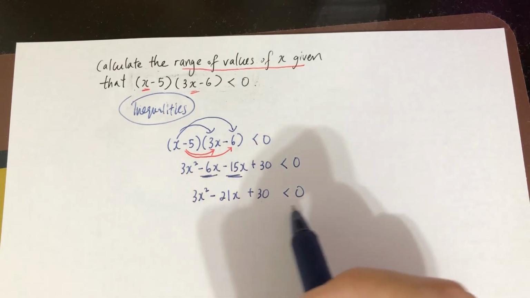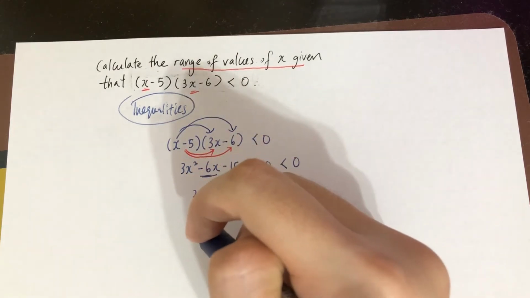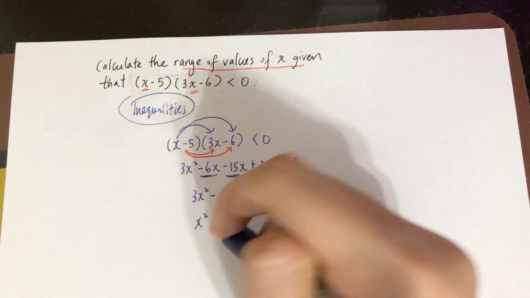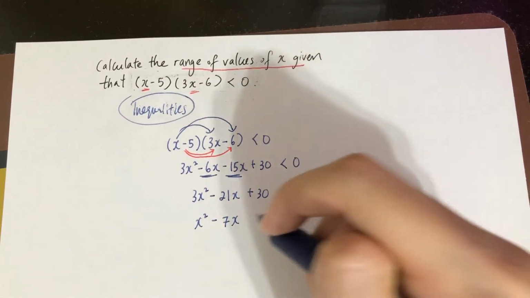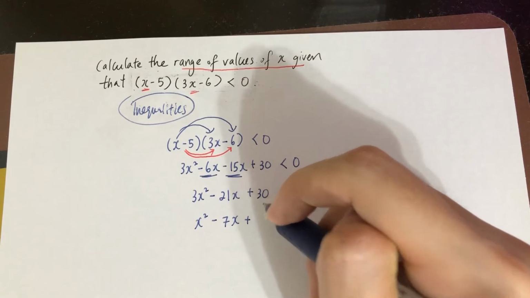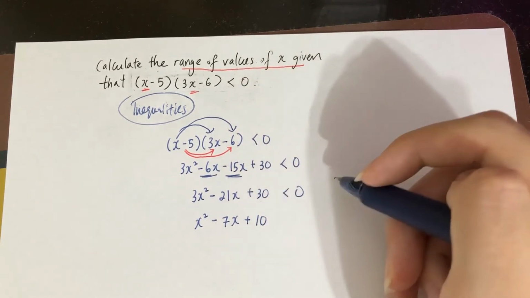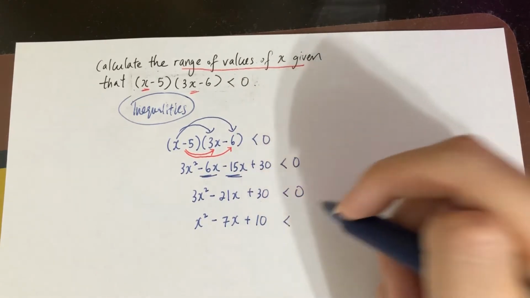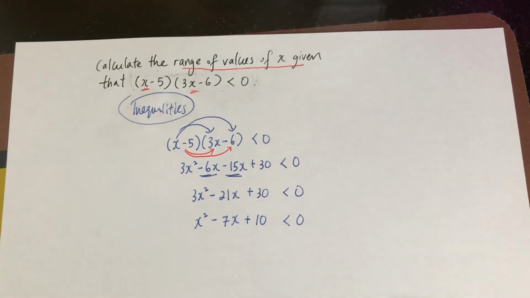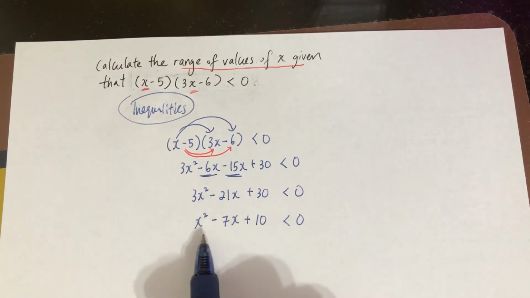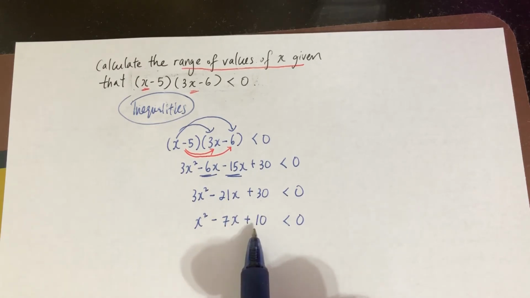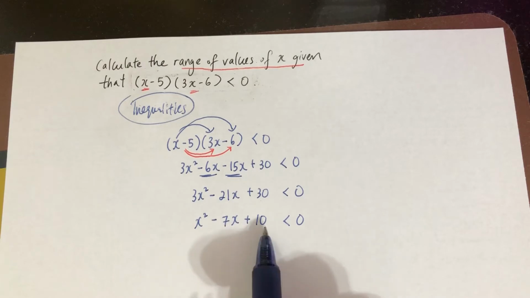So divide by 3: x squared minus 21 divided by 3, which is 7x, plus 30 divided by 3, which is 10, and this is all less than 0. This is the final expression that we are working with. This cannot be further simplified anymore.